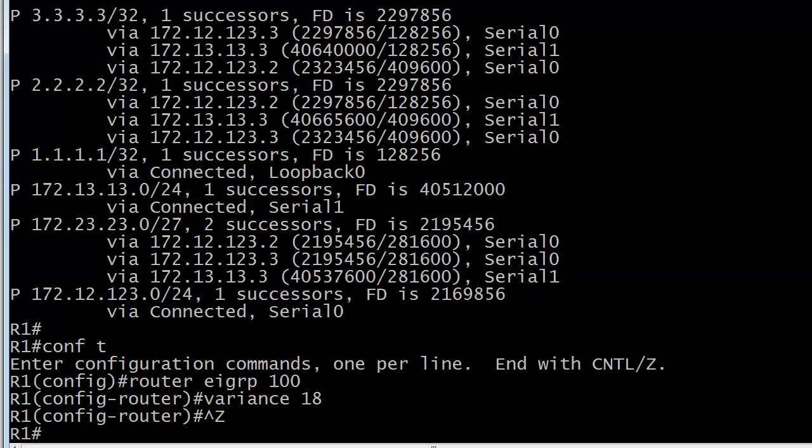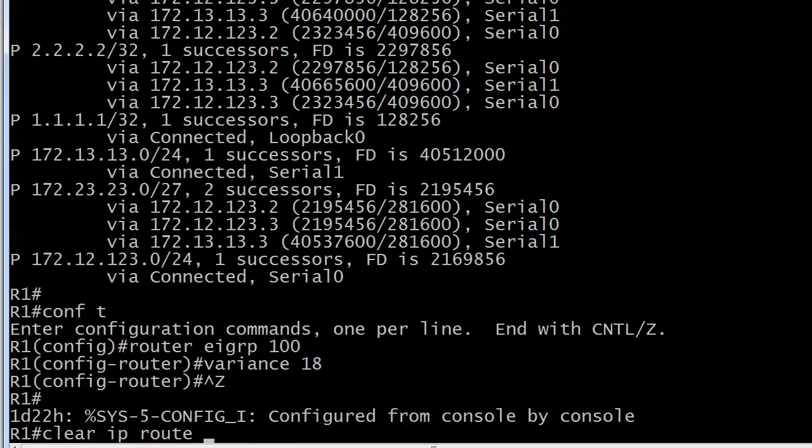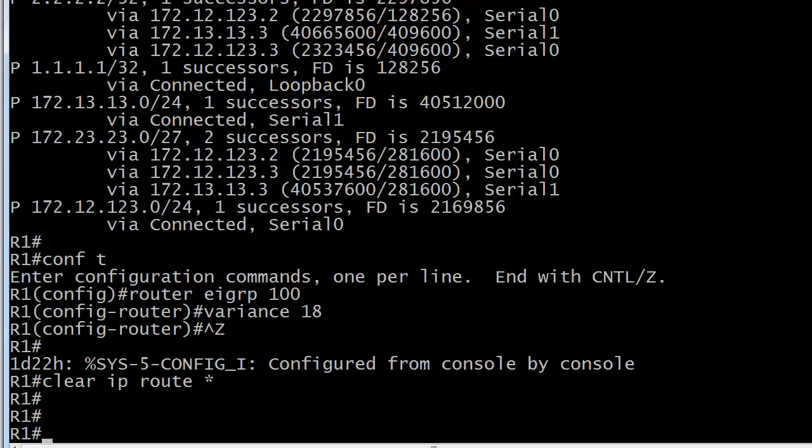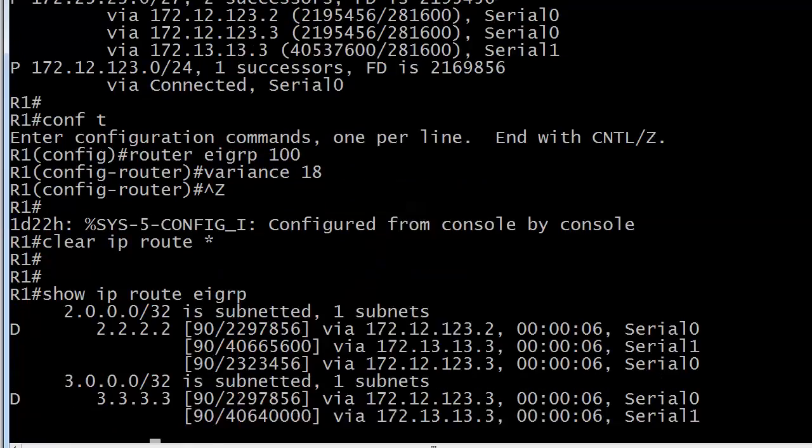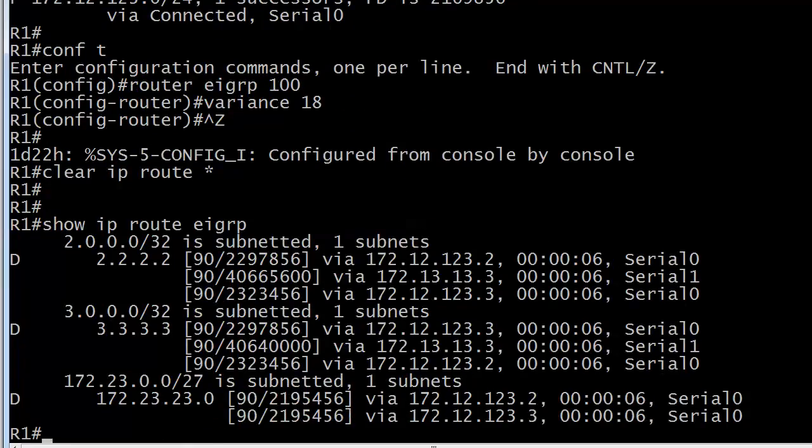Feels funny even typing that. And let's put in clear ip route asterisk, that gets rid of all of our dynamically learned routes. And look at that. There's the third entry now, of course, both for router 2's and router 3's loopback, because the variance command is all or nothing.